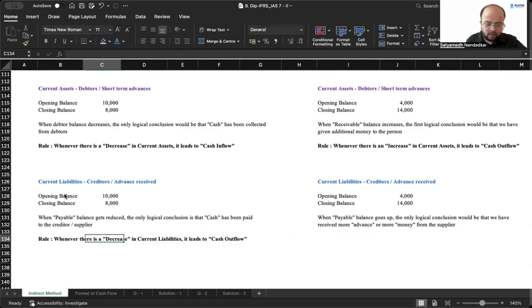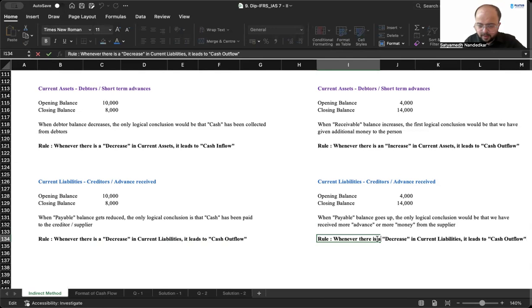Okay. So what is the rule? The rule is whenever there is an increase in current liability, it leads to cash inflow.